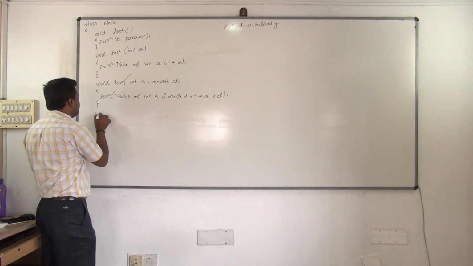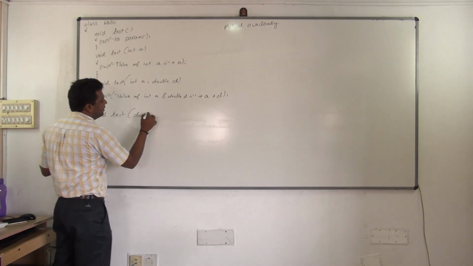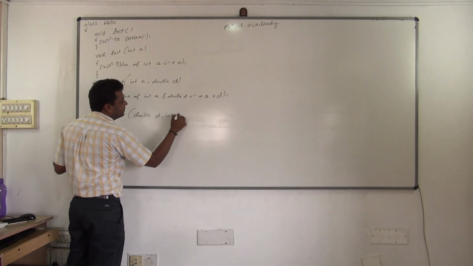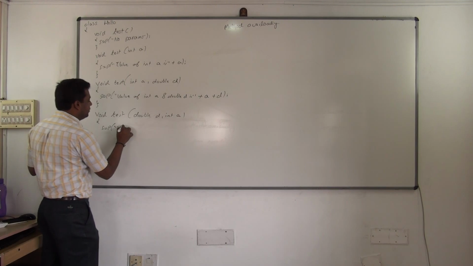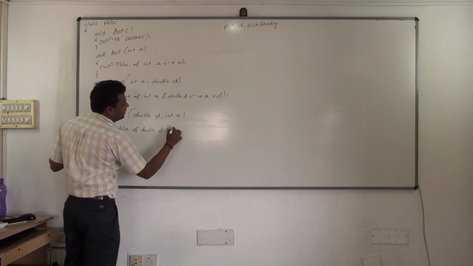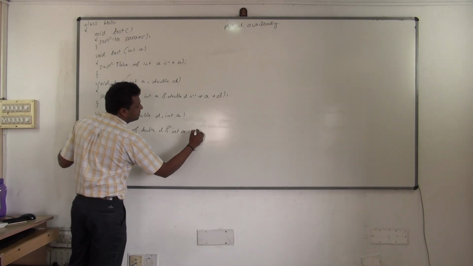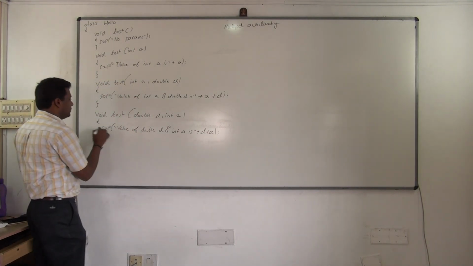Okay, next I can write one more method. Void test. What will I write? Double D int A. SOP value of double D and int A is plus D plus A. Fine.